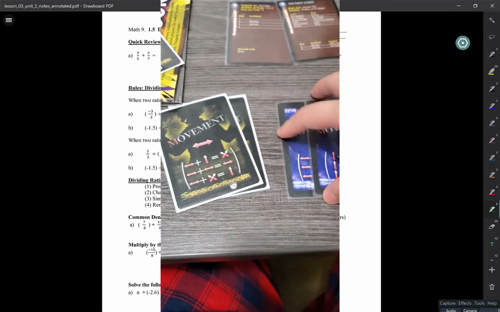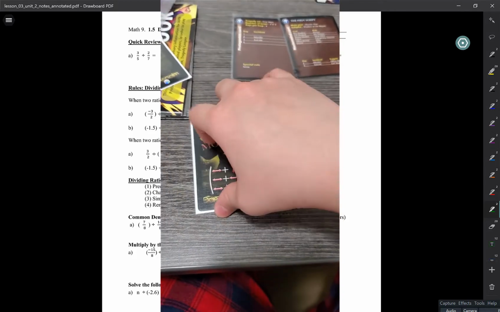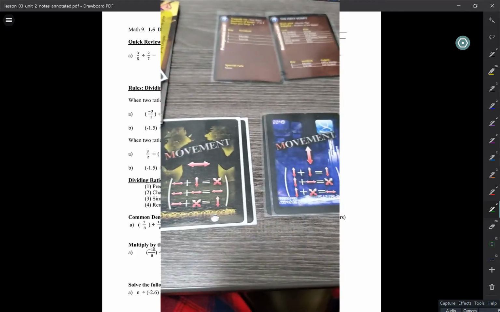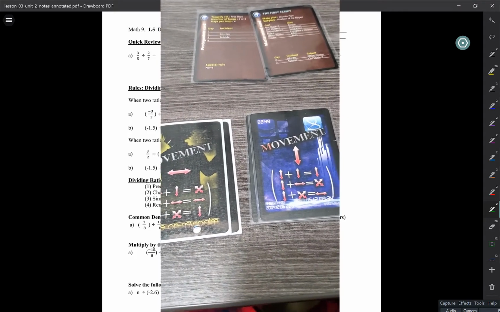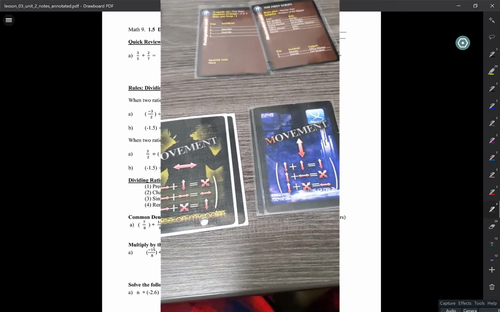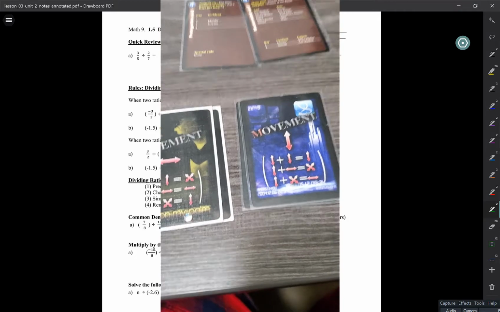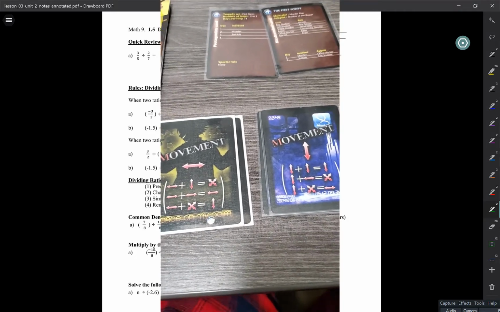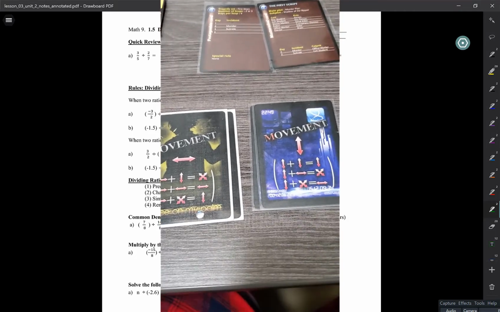And what I want to mention that is related to the concept of dividing rational numbers is that when you divide fractions, it's exactly the same thing as multiplying by the reciprocal of that fraction.